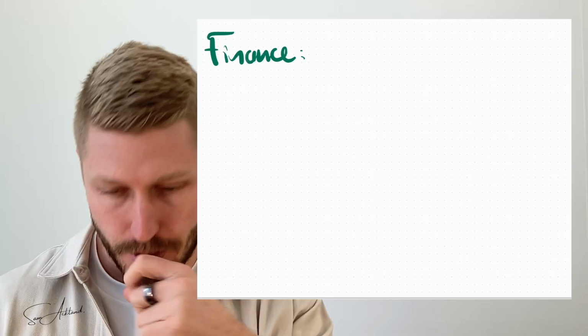Now, finance. There are two really important drivers here that pull everything together, and our financial forecast is one of the tools we use to manage this: revenue and net profit, or EBITDA. But I'm not going to go into EBITDA just yet, because let's just focus on net profit.